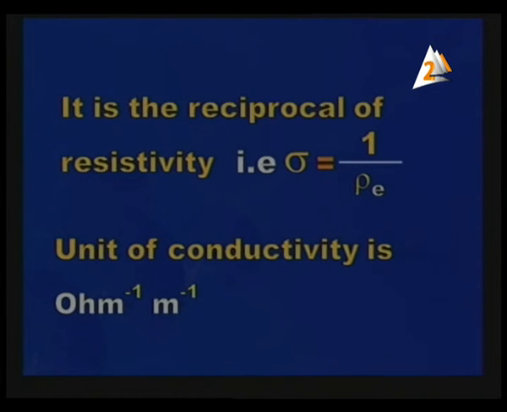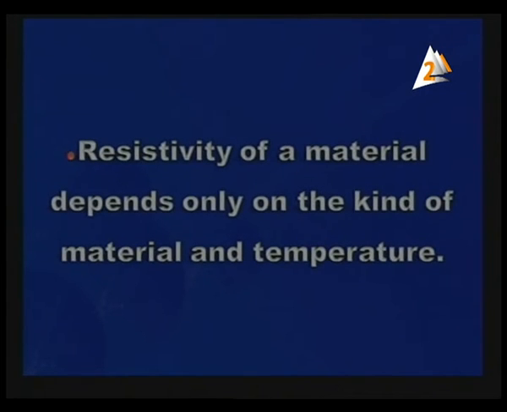Now what about the factors affecting conductivity or resistivity? Your attention, because this is very important. Resistivity of a material depends on 2 things, kind of material and temperature, only 2 factors.